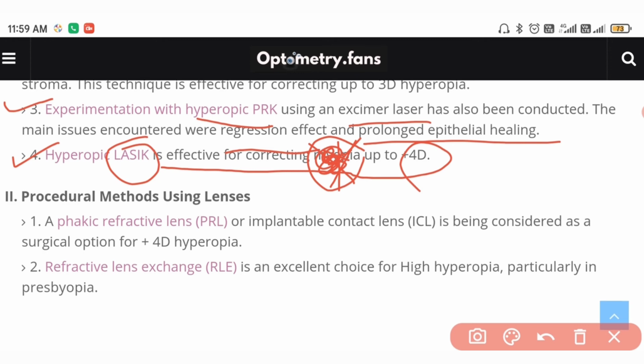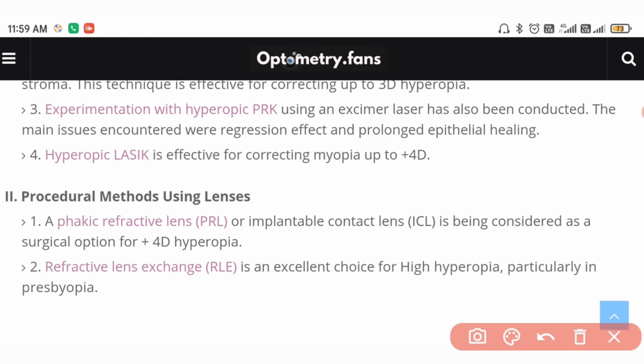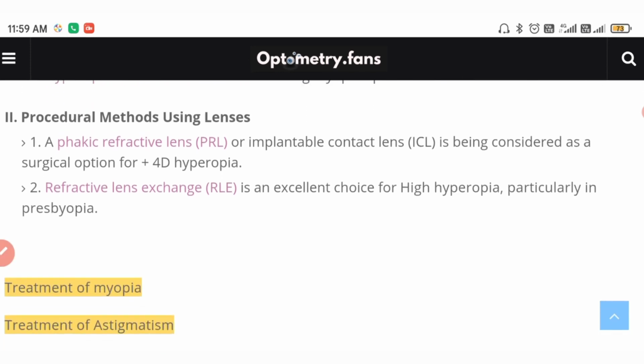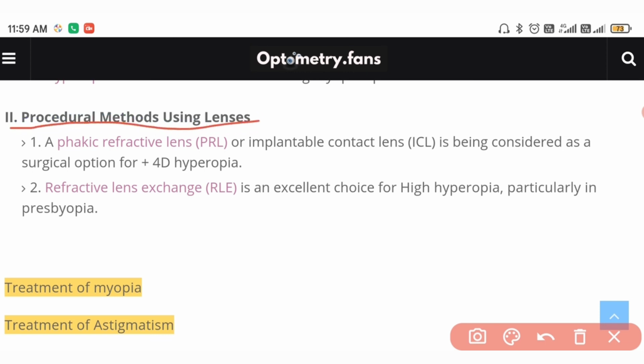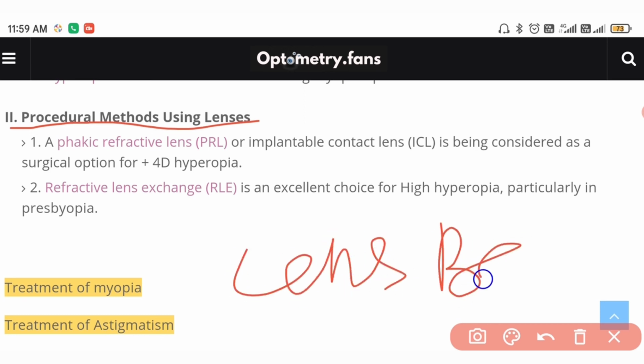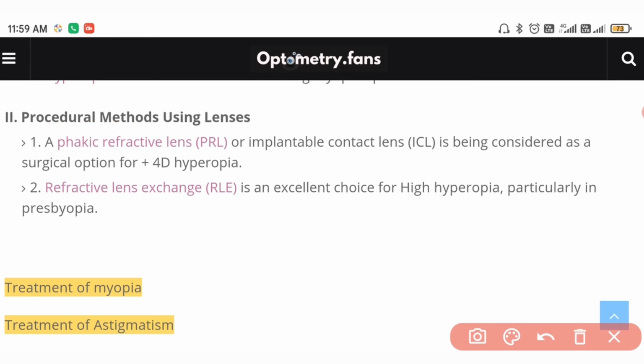Next are the procedures applied on the lenses. Here you can read the lens based methods, while the above methods were corneal based. First is the phakic refractive lens, PRL, or implantable contact lens, ICL, which is being considered as a surgical option for +4 diopter hypermetropia.